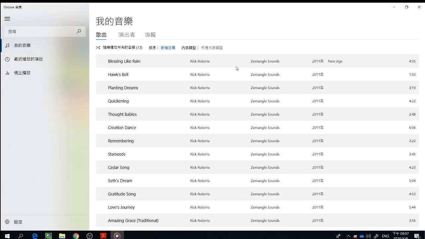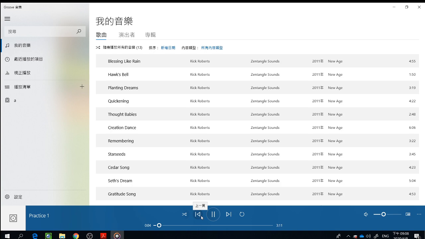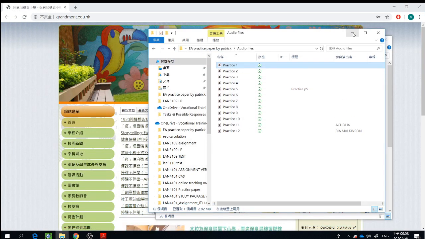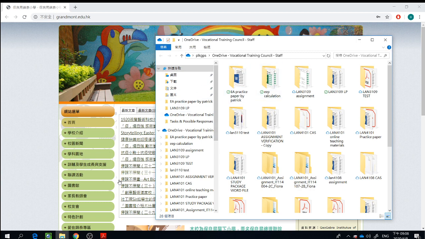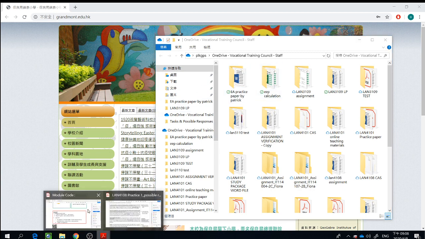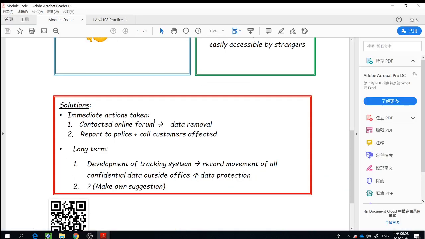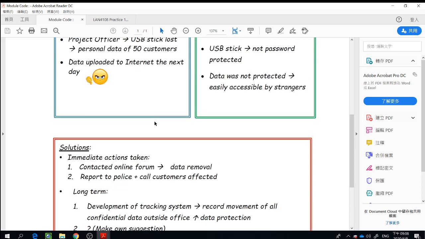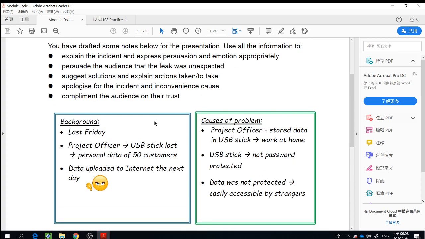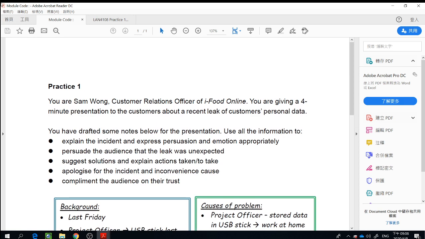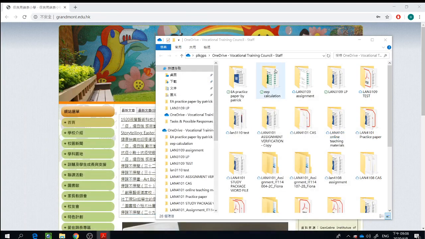You may listen to it and learn from it. There are 12 examples given to you. So I highly recommend that you take your time to take a look at it, listen to the audio track file, and then you should learn from it and make use of the useful expressions.